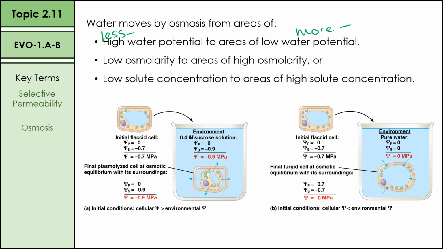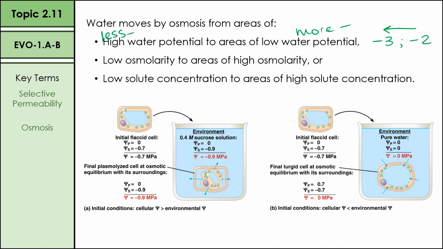So that means that if we had a -3 outside of our cell and a -2 inside of our cell, that our water would move in the more negative direction.